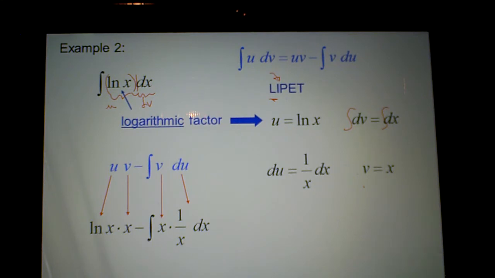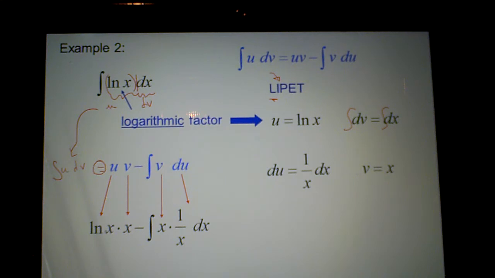Substitute. Remember that this is my u dv, and u dv by proof is equal to uv minus the integral of v du.